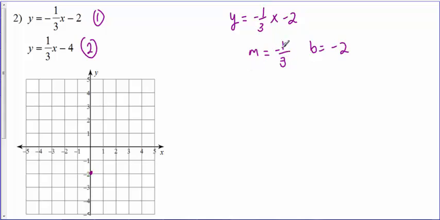So that's on the y-axis. Now, it's a negative slope, so I'm going to go down 1 and to the right 3. So down 1, and 1, 2, 3, right 3. I'll put a little dot there. Now I can draw a line through this.